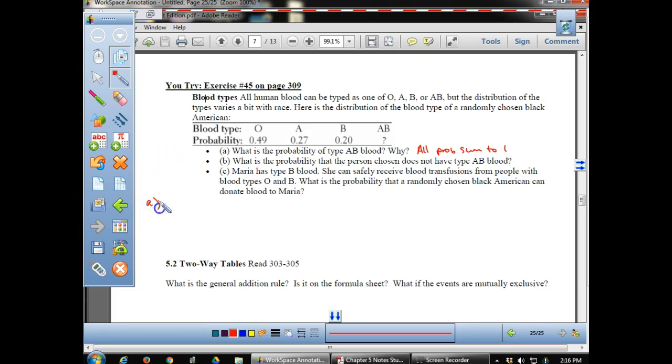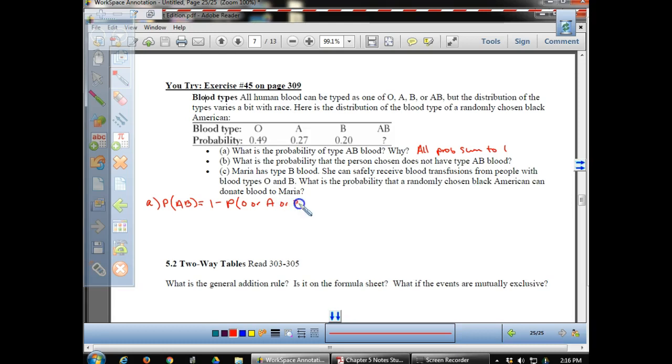So A is going to be the probability of AB blood is going to be 1 minus the probability of O or A or B, which is going to be 1 minus, and in parentheses you're going to do 0.49 plus 0.27 plus 0.20, which is 1 minus 0.96, which is 0.04.